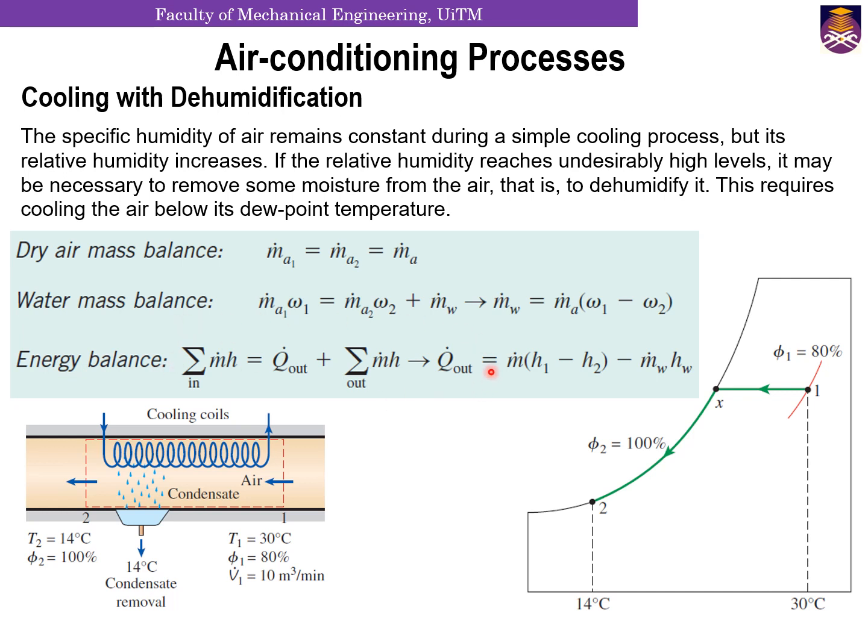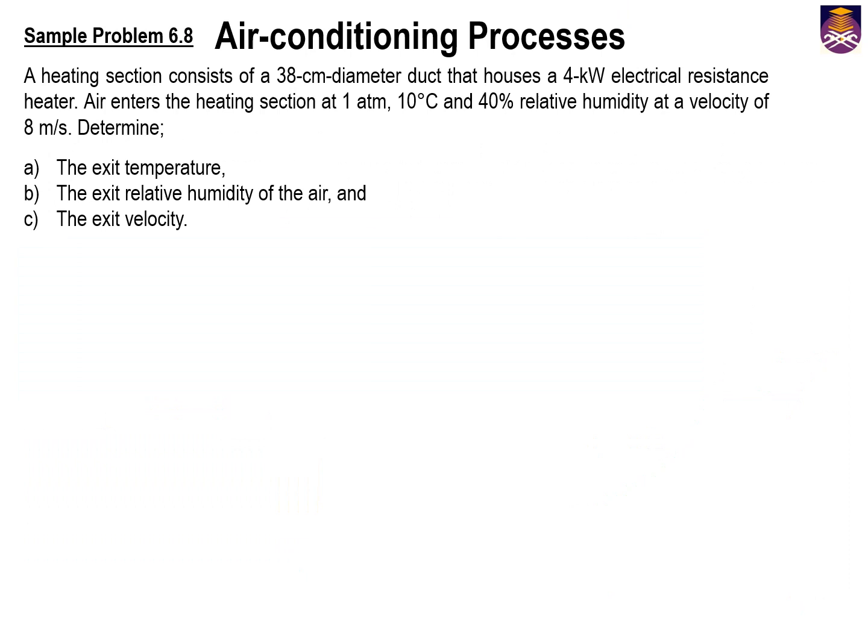You can calculate how much heat is removed from the cooling section by the cooling coils by using m dot times h1 minus h2, which are the enthalpy differences between points 1 and 2. And remember, you must also subtract the energy of the vapor that we are losing through the condensate removal. So that will be the equation used for the energy balance for cooling with dehumidification.